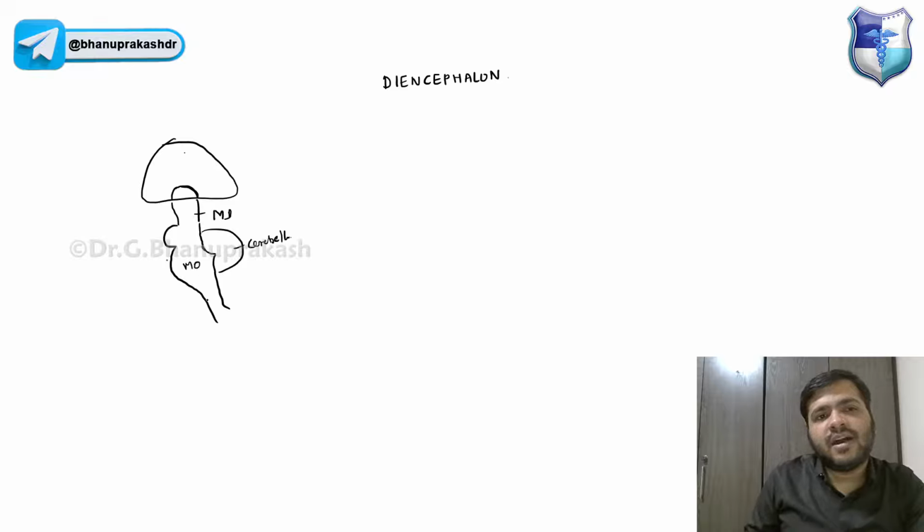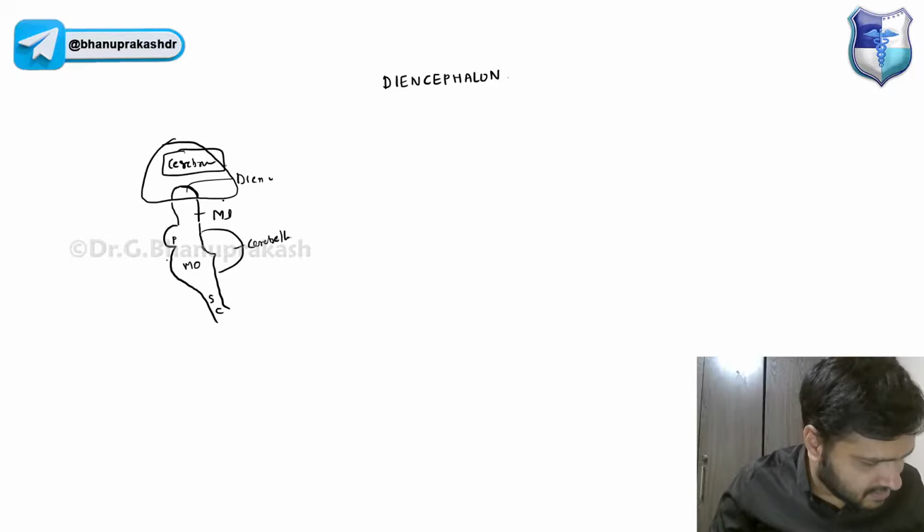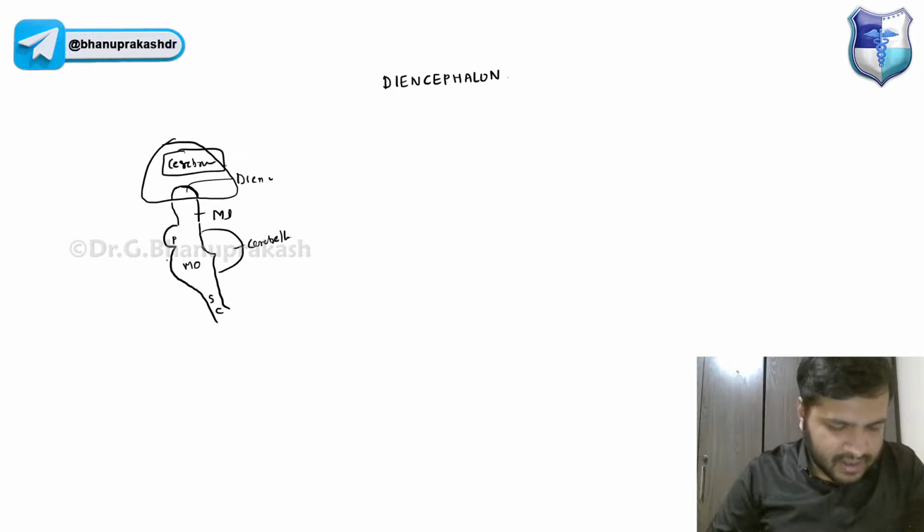The medulla oblongata continues as the spinal cord. Above we have the cerebrum. So this diencephalon is basically located in between the cerebrum and the midbrain, right?